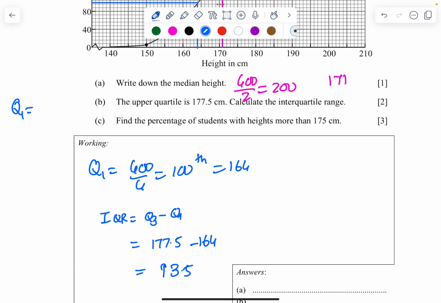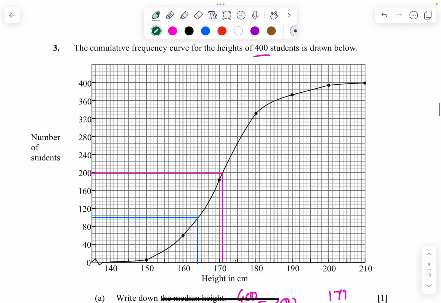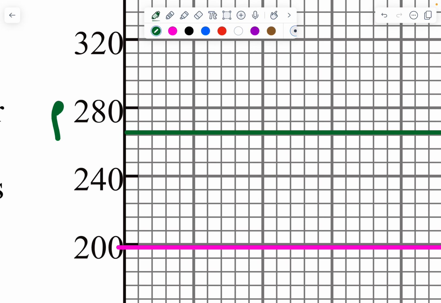Find the percentage of the students with heights more than 175. From 175, draw the line, hit the graph, and get it out over here. So what is it going to be? This is the gap. What is the gap? Gap is 40. And how many parts are there? 5 parts.